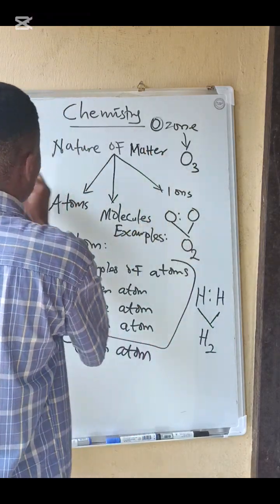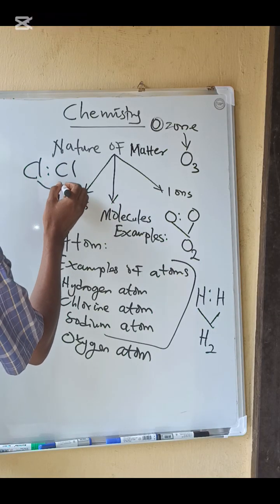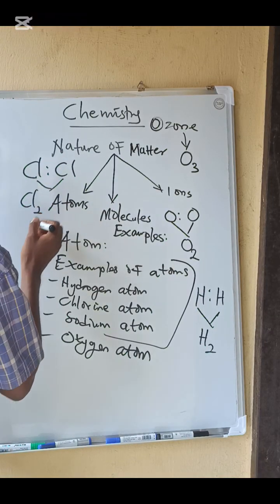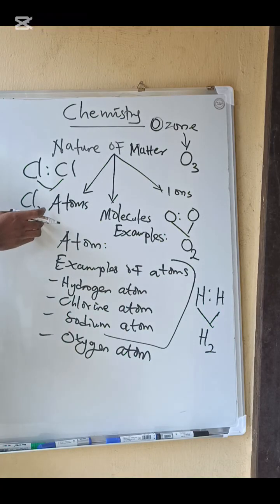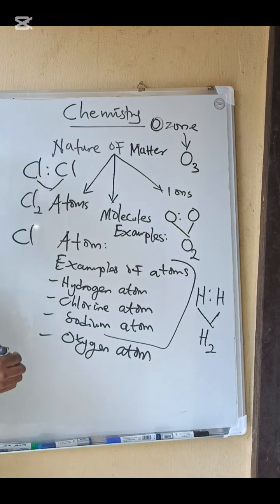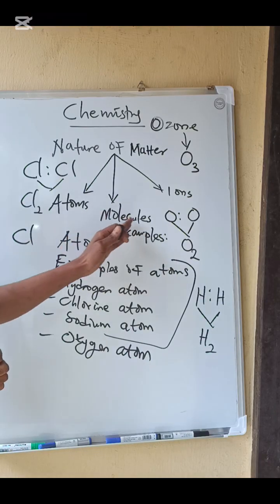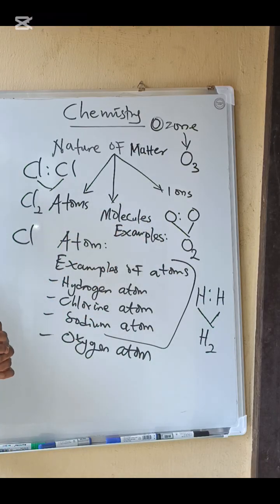Another example is chlorine. When two chlorine combine together, we are going to have Cl2. So in this case, we say that chlorine in this form is a chlorine molecule. But if you have only chlorine, only Cl, in this case, chlorine is an atom. So it is very simple to differentiate between atoms and molecules.